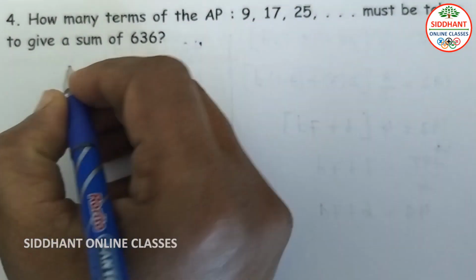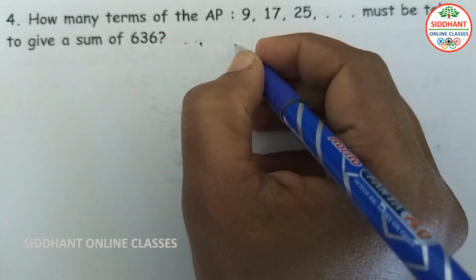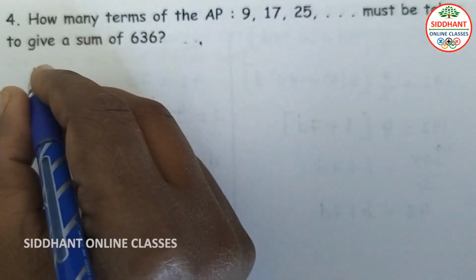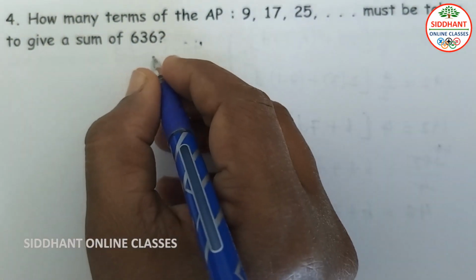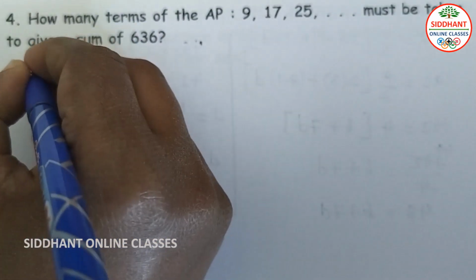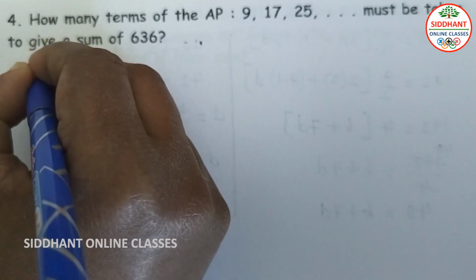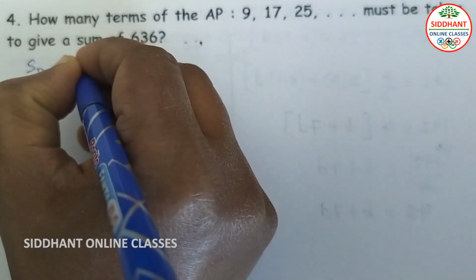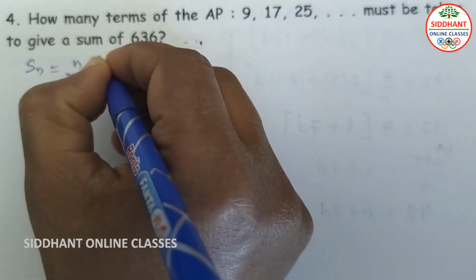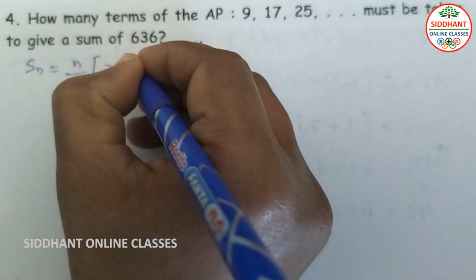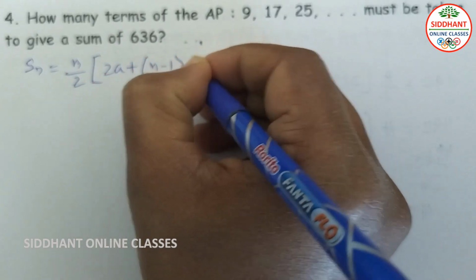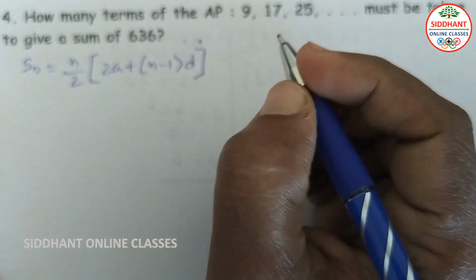Question number 4. How many terms of the arithmetic progression 9, 17, 25 must be taken to give a sum of 636? Here the sum Sn = n/2 (2a + (n − 1)d).